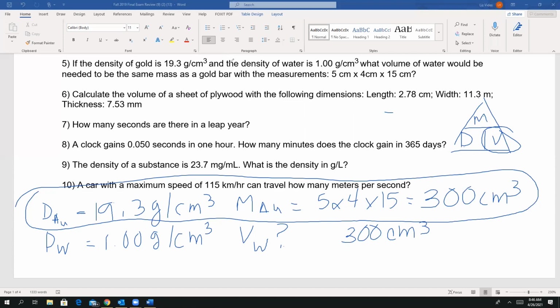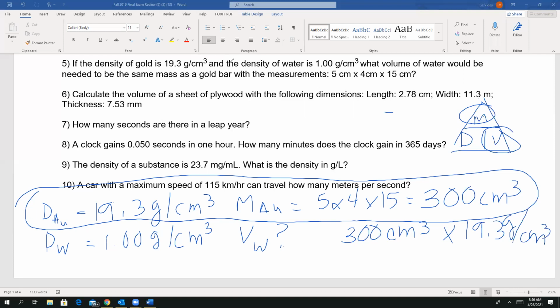We don't know the mass, sorry, that's the volume. So we're looking for the mass, which is 300 cubic centimeters times our 19.3 grams per cubic centimeter.